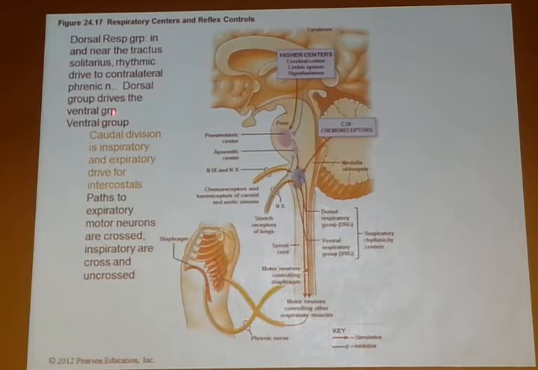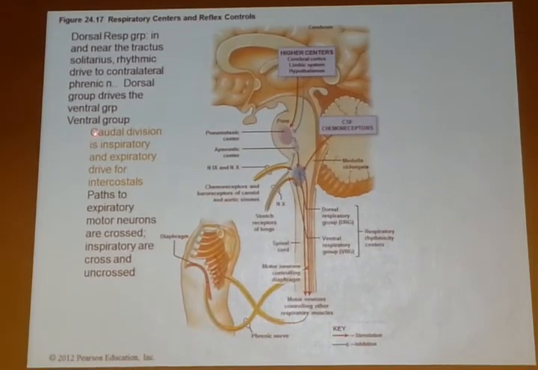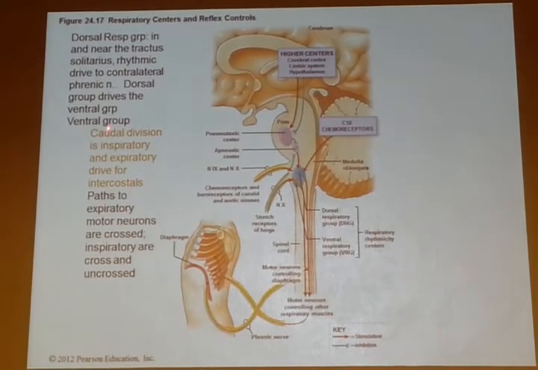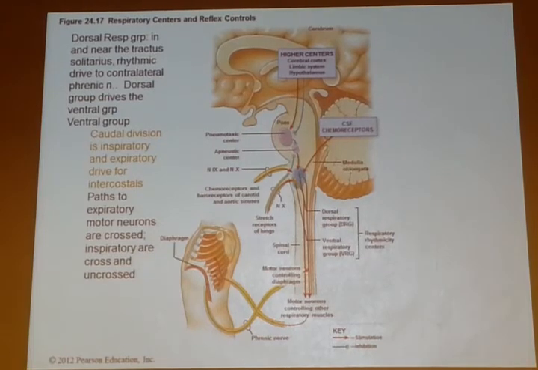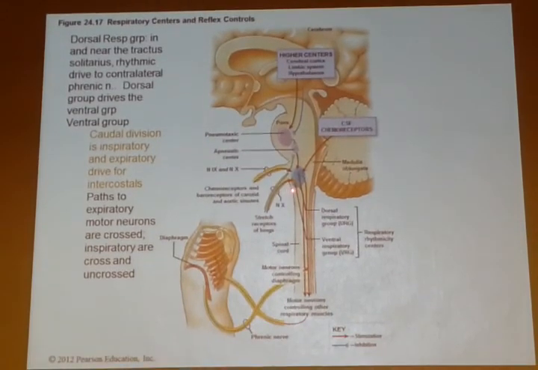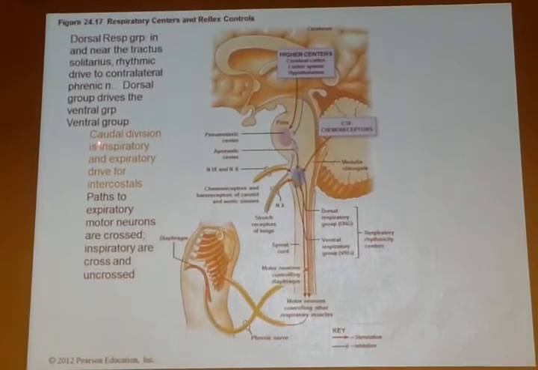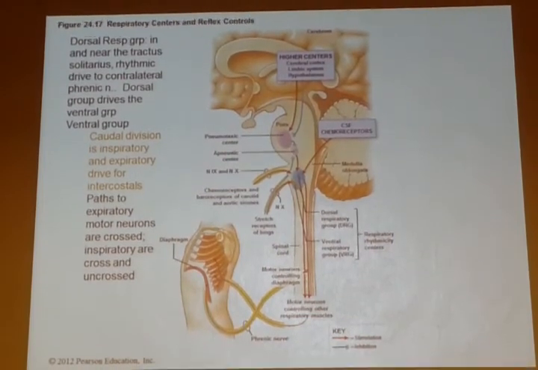The dorsal respiratory group, now this is under debate, but nobody's disproved this. Nobody has offered anything concrete as an alternative, but the dorsal respiratory group is driving the ventral respiratory group. So it's exciting the ventral respiratory group. And then the ventral respiratory group is divided into a lower part and an upper part. The lower part is called the caudal division.